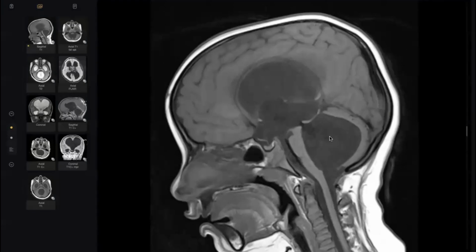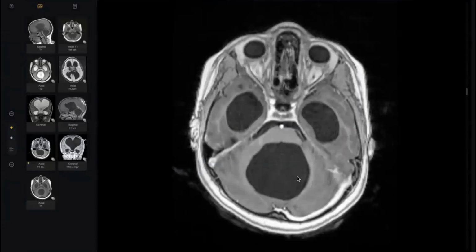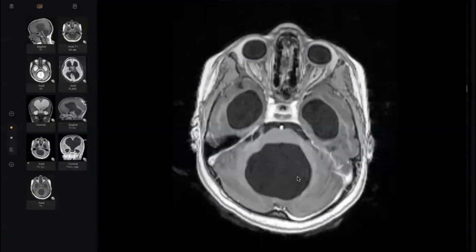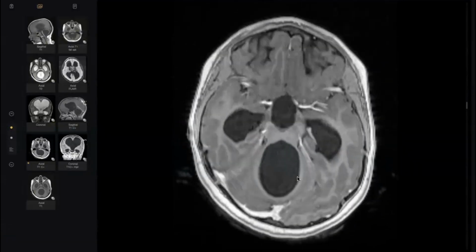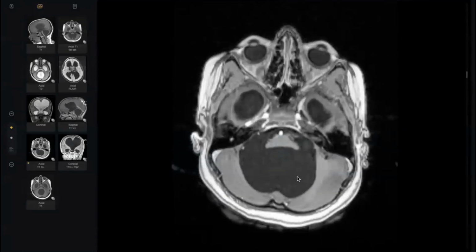I want to see the rest of the images, like post-contrast T1 weighted images, to comment on any obstructing mass lesion. This is the post contrast. Go on. On post-contrast images, the foramina of Luschka laterally are also dilated.